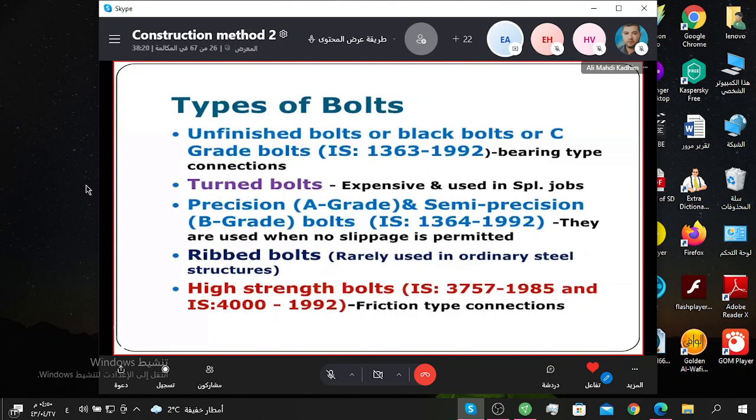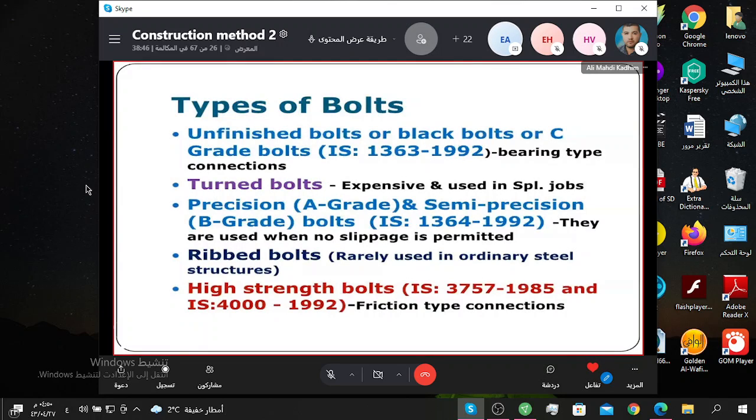Types of bolts: unfinished bolt or black bolt, or C grade bolt, IS 1363-1992. Bearing type connection. Turned bolt, expensive and used in special jobs. Precision A grade and semi-precision B grade bolts, IS 1364-1992.